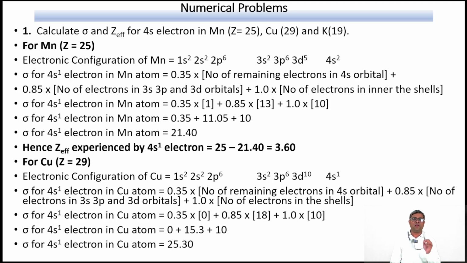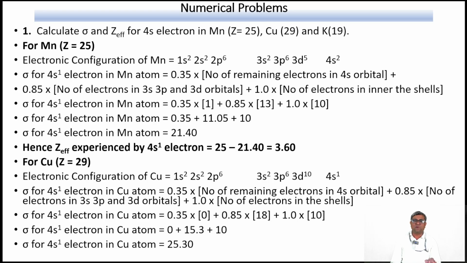So, 0.35 into 1 plus 0.85 into 13 plus 1 into 10. The value is 0.35 plus 11.05 plus 10. So, the sigma value for the 4s electron in the manganese atom, by summing these three values, is 21.40. This is very simple, you can understand this.